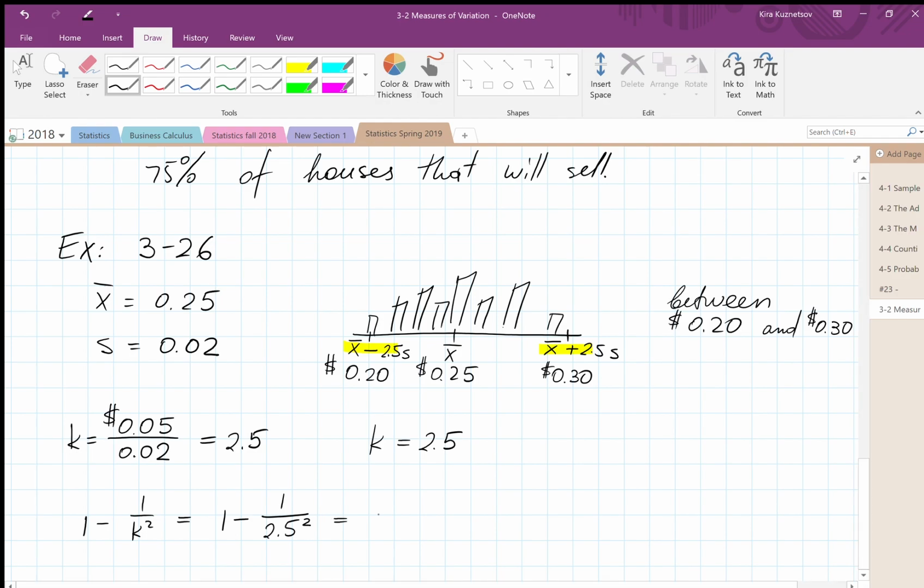I have 0.84. So apparently between 0.2 and 0.3, about 84% of data points. The last topic is the empirical rule, and we'll take a look at that on the definition page.